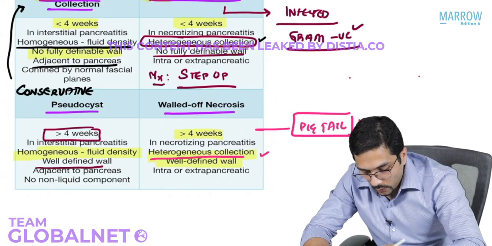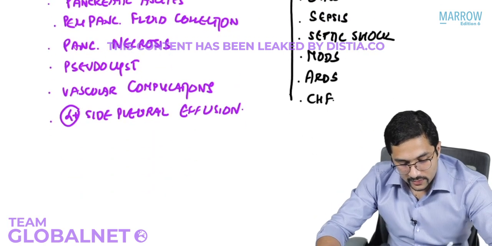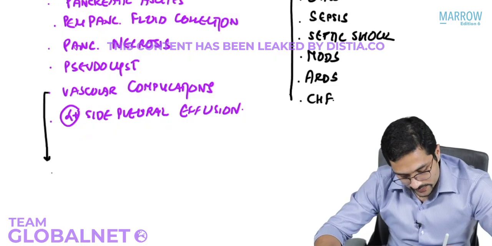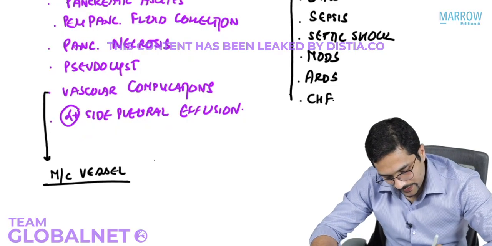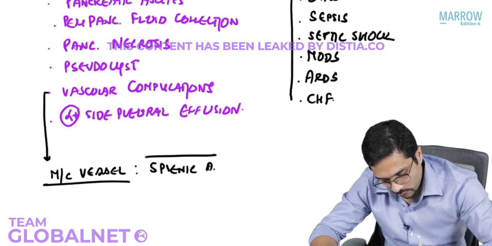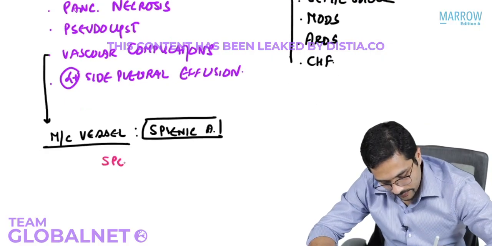Now, we were talking about the complications of pancreatitis, and I told you there can be vascular complications as well. The most common vessel involved is the splenic artery, which gives rise to a splenic artery pseudoaneurysm.